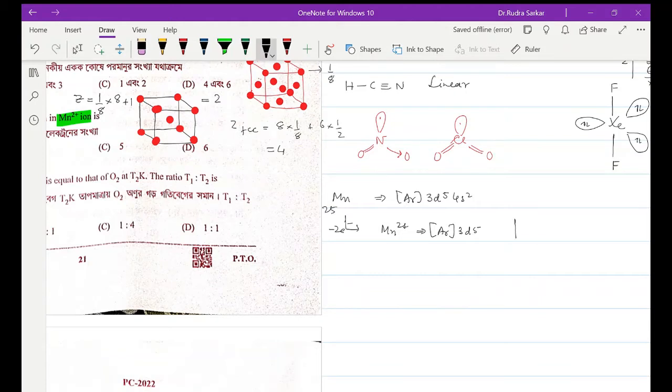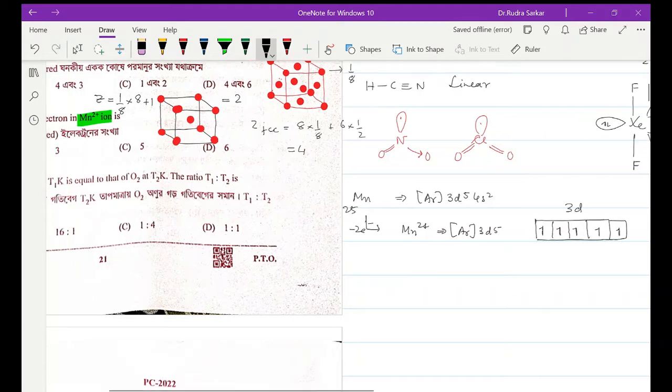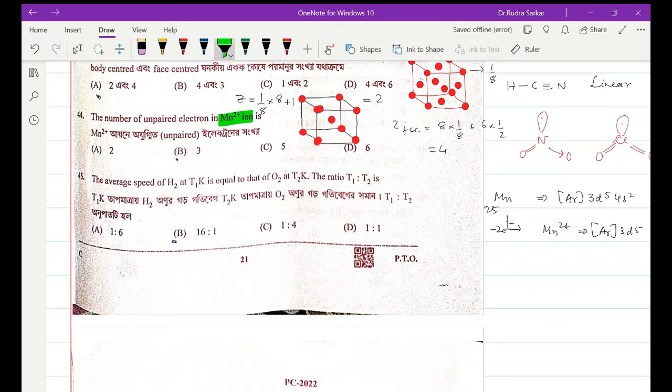If you draw the d orbitals, it means 5 such boxes of equal energy should be present. So this is your 3d. Each one is having 1 electron. So 5 unpaired electrons are there now, and our answer will be C.